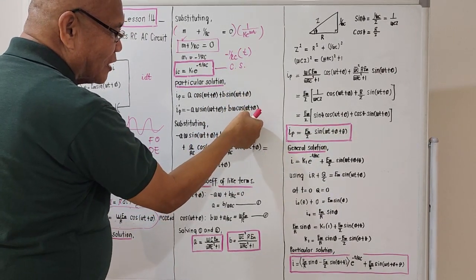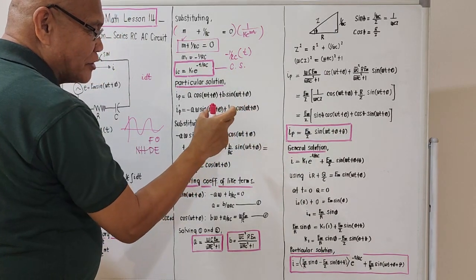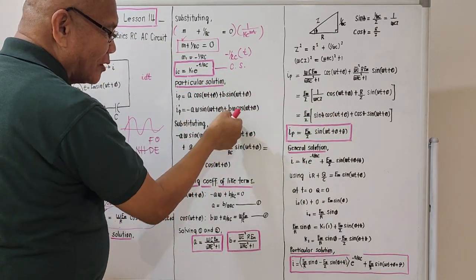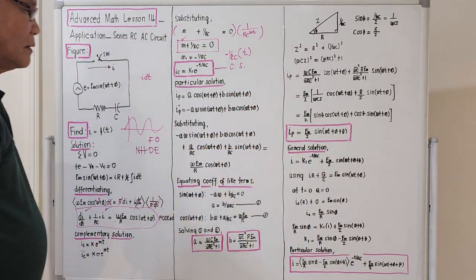The derivative of the angle will be omega plus 0, or simply omega. So the coefficient on the second part will be B omega cosine of omega t plus angle P.